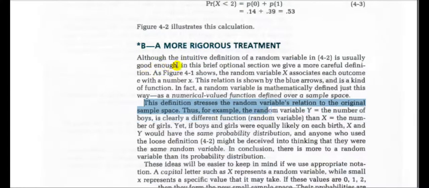Thus, for example, the random variable y equal to the number of boys is clearly a different function, a different random variable than x equals the number of girls. Yet if boys and girls were equally likely on each birth, which he says they're not, x and y would have the same probability distribution.